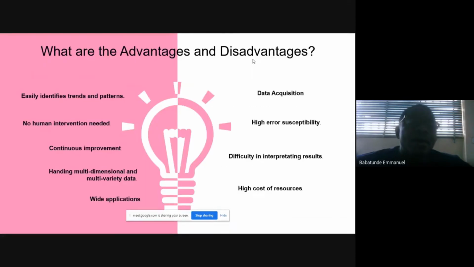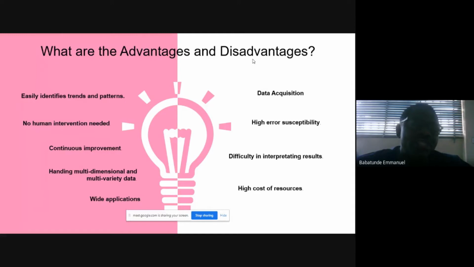Now, let's look at the advantages and disadvantages of machine learning. Machine learning, as we have said, is a data-driven technique. It can easily identify trends and patterns in huge data. The process of learning does not require human intervention. And the more data you have, the better the performance of your machine learning model.